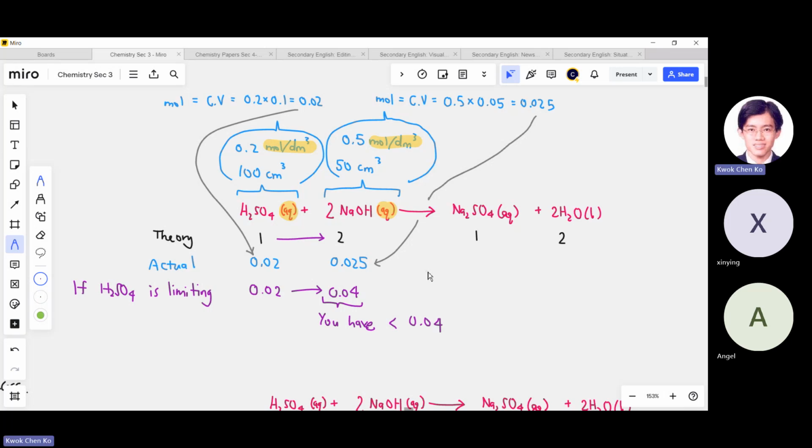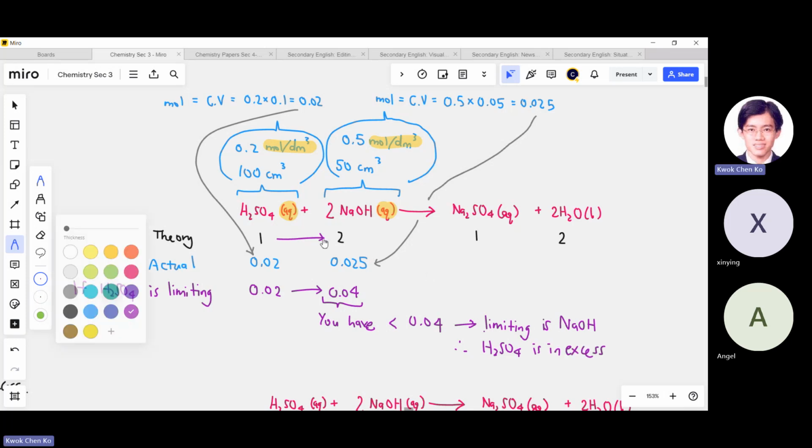So whichever is in less amount, that is the limiting. And therefore, the other one must be in excess. Further down the road, you know that this is wrong, but it doesn't matter, you have already determined who is limiting.